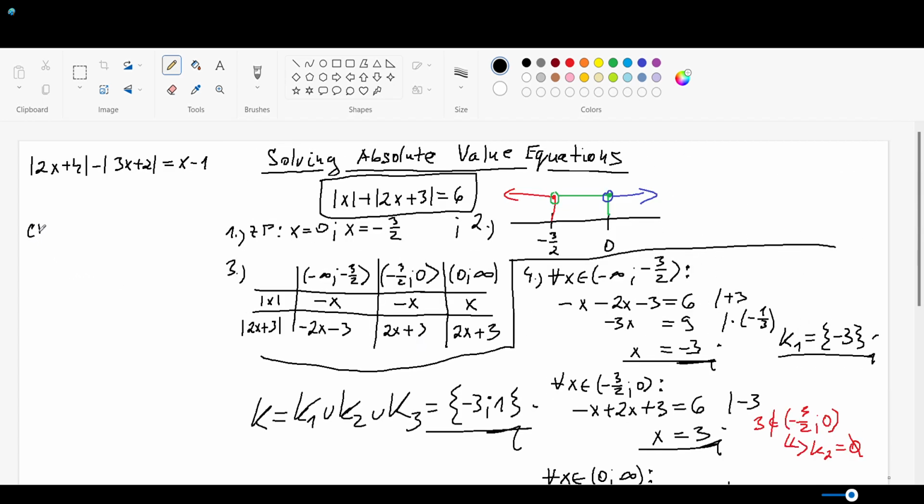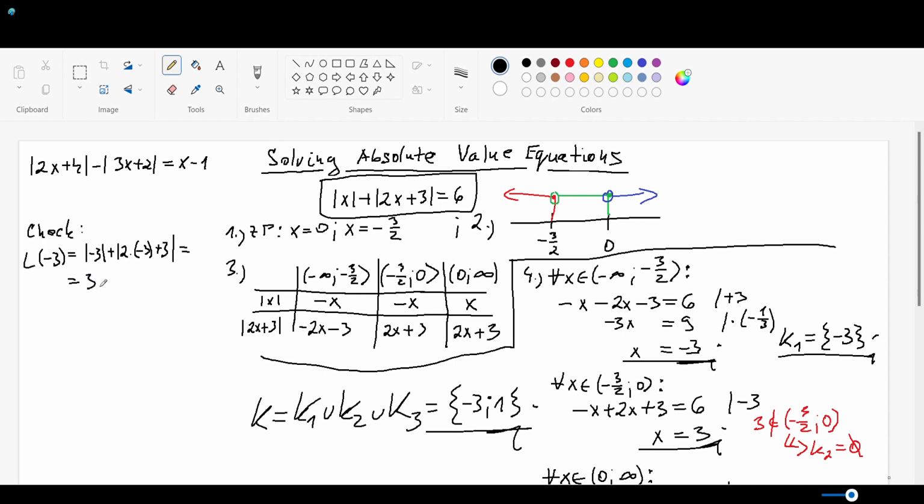Let's do it. So our check is going to be for the left side, for x being negative 3, which means it's going to be the absolute value of negative 3 plus the absolute value of 2 times negative 3 plus 3.